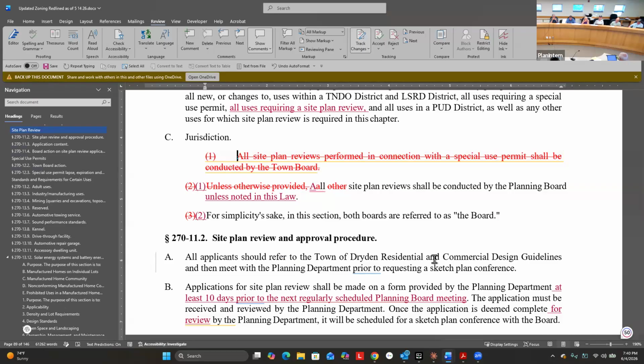And in this one we might want to say the town board and the planning board may be referred to as the board. Take it out, I should. Correct. Right.